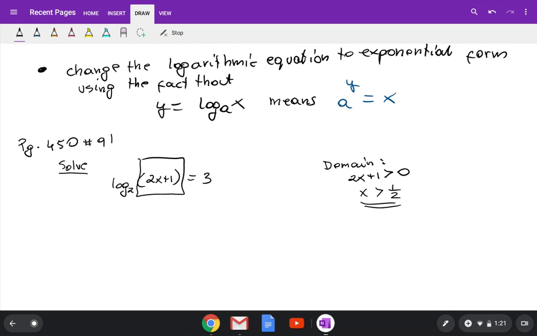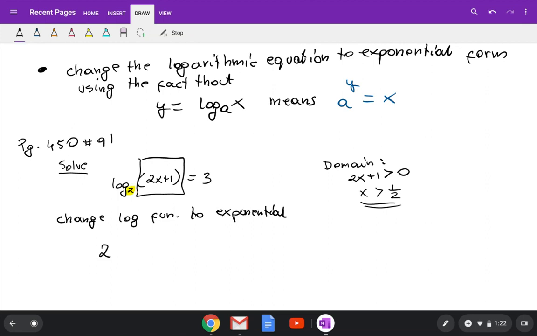So how are you going to solve this one? You're going to change the logarithmic function to exponential, and I'll teach you how to do that. You always have to identify what the base is. The base is 2.